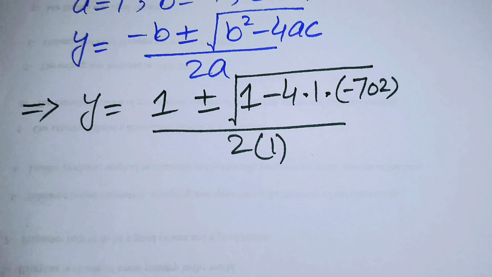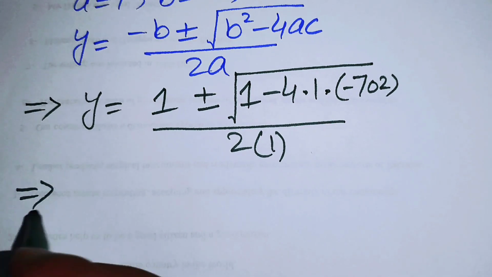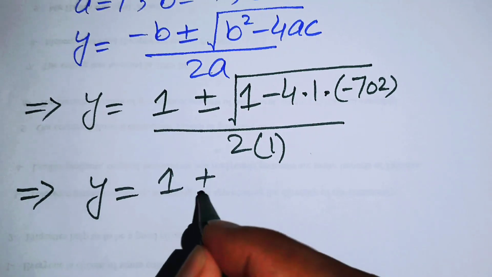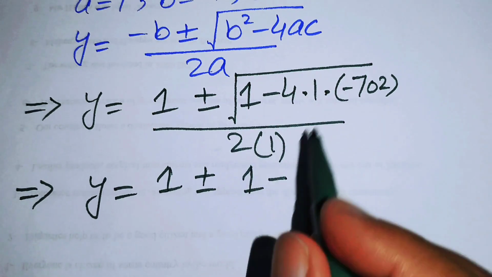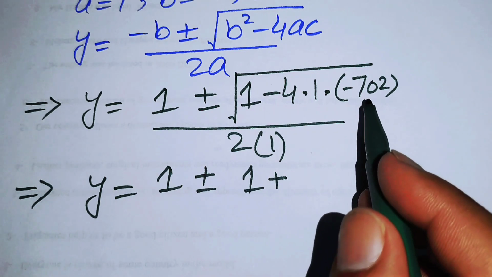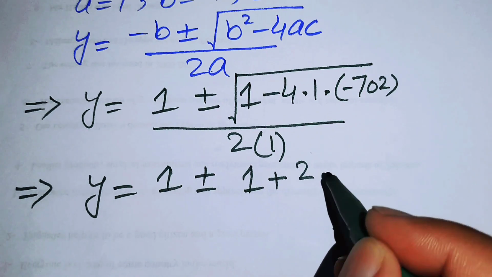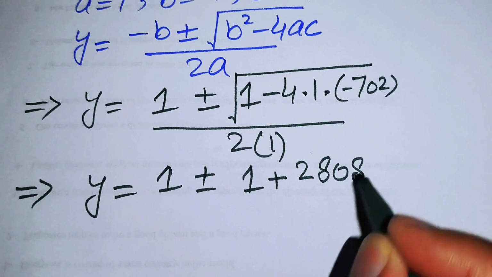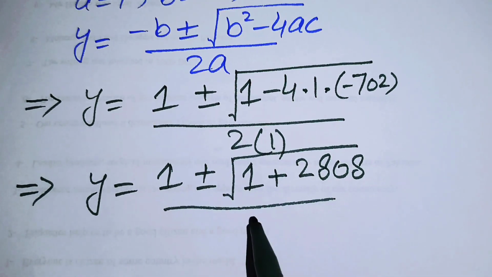In the next step I can simplify the terms here, and you get y is equal to 1 plus minus the square root of 1, minus, this is minus and minus becomes plus, 4 times 702, which is equal to 2808, over 2.